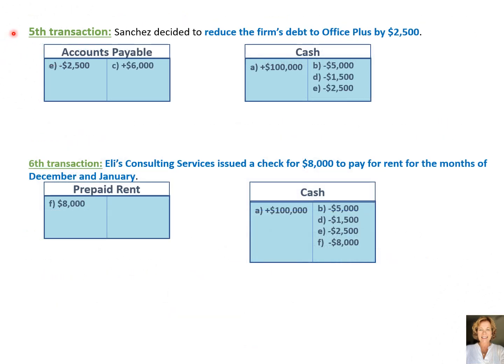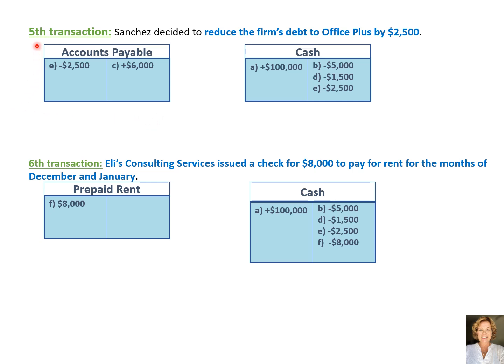For our fifth transaction, we're going to report the transaction where Sanchez, the office manager, decided to reduce the firm's debt to Office Plus by $2,500. We had previously purchased equipment from Office Plus for $6,000, and we're now reducing that debt by $2,500. That means that our accounts payable are going to decrease.